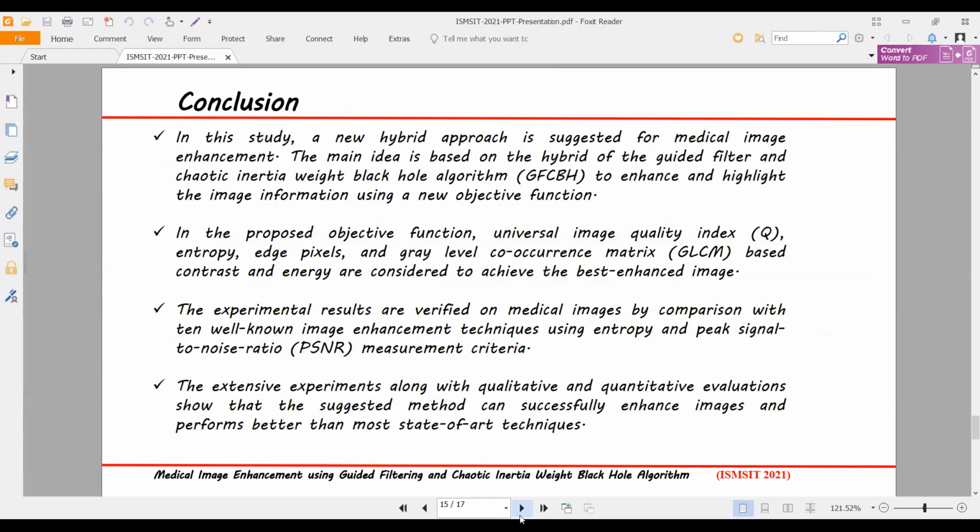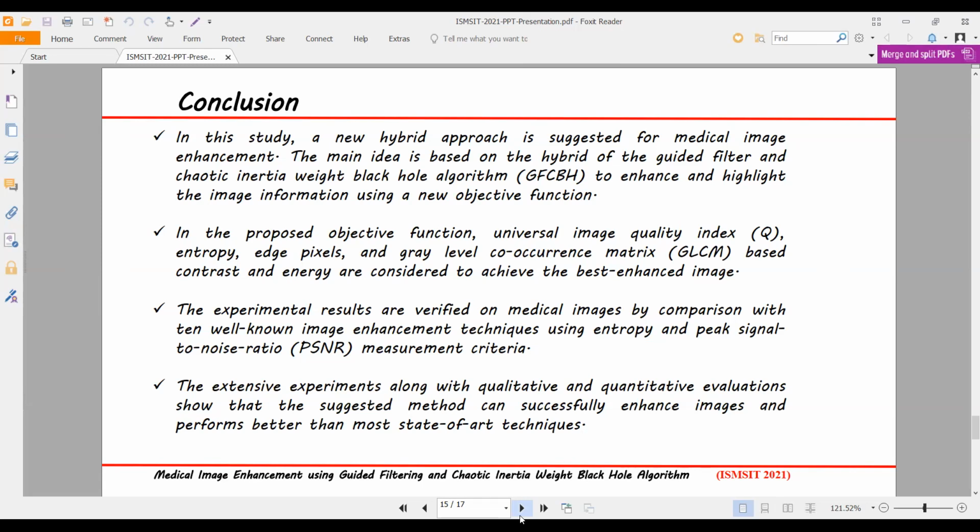So at the conclusion, I can say that in this study, we propose a new hybrid approach, which can be applied to medical images. The main idea is based on the hybrid of the guided filter and chaotic inertia weight black hole algorithm. In the proposed approach, we also propose a new objective function, and the experimental results are verified on medical images by comparing with 10 well-known image enhancement techniques in terms of the 2 criteria, entropy and PSNR measurement.